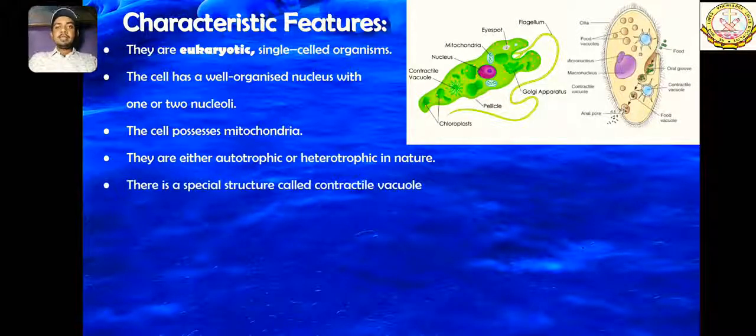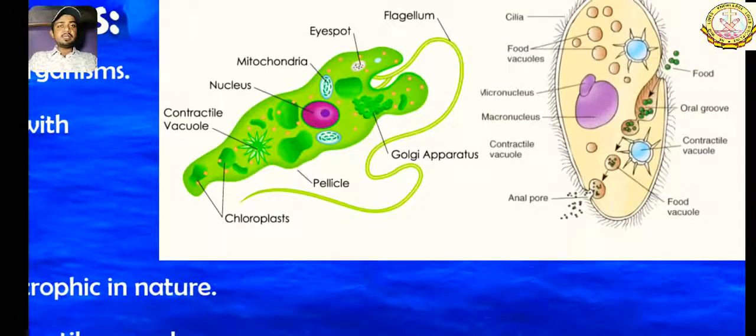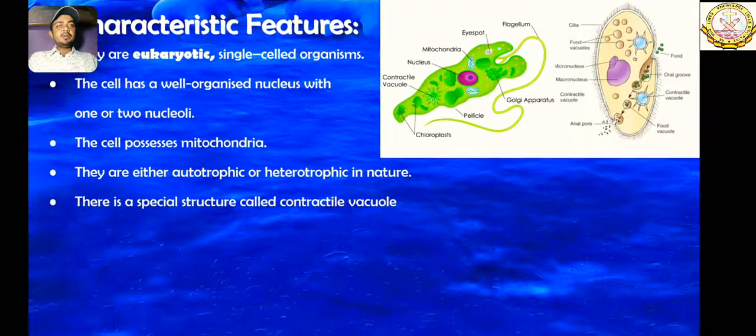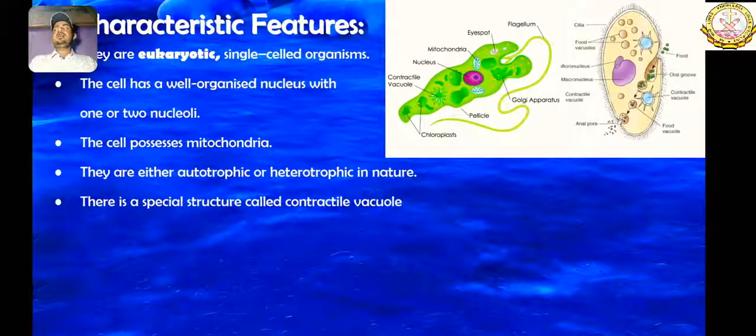Next, there is a special structure called contractile vacuole. As you can see in both these images, contractile vacuole is present. It helps for doing excretion and for making food vacuoles.